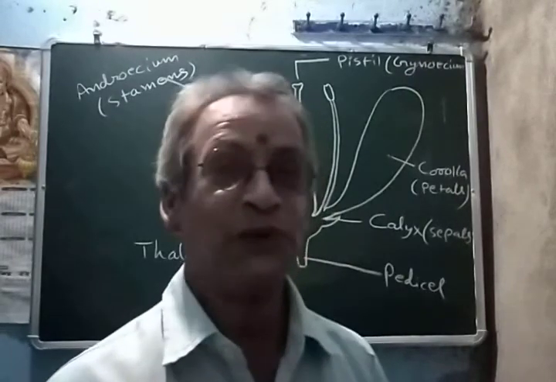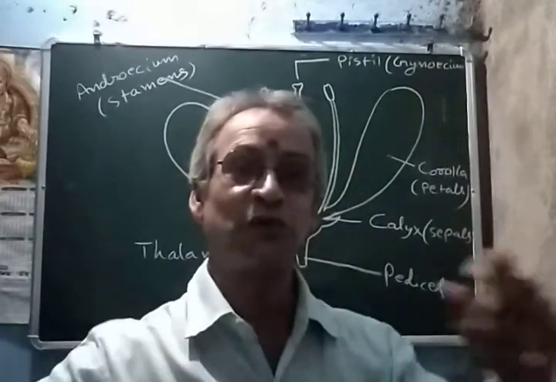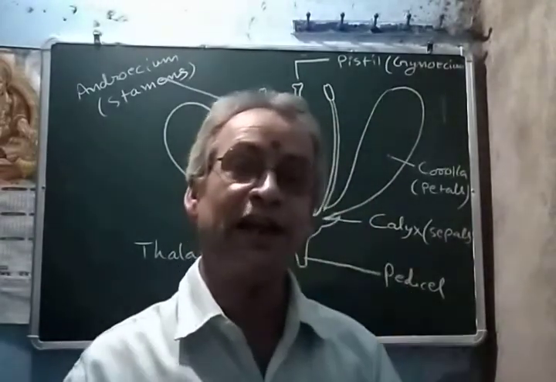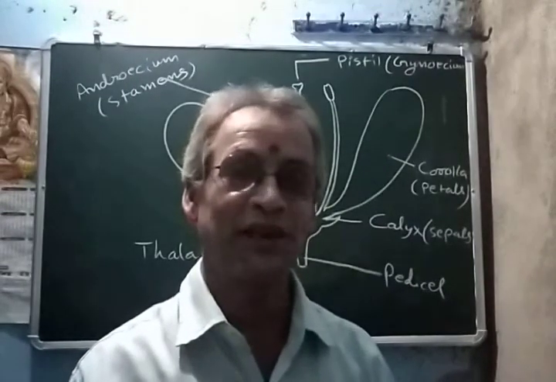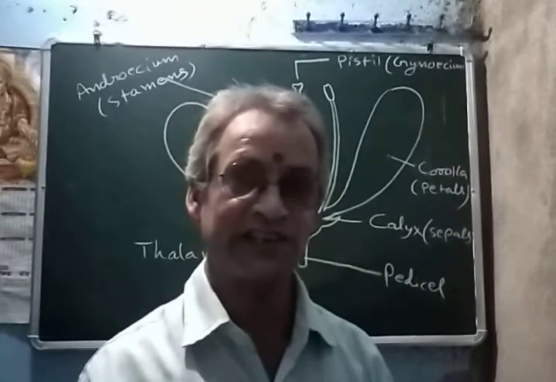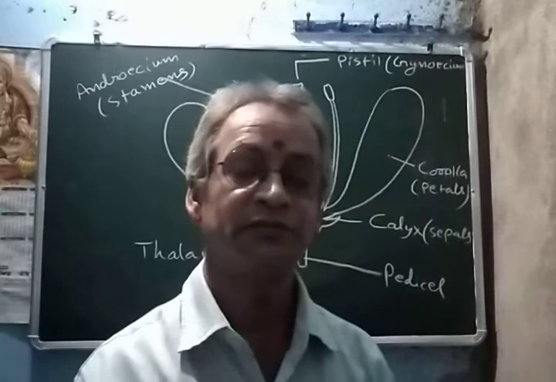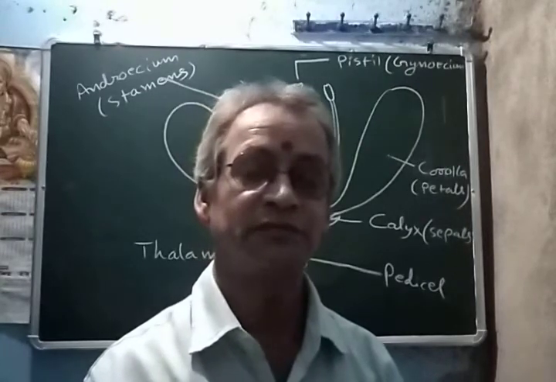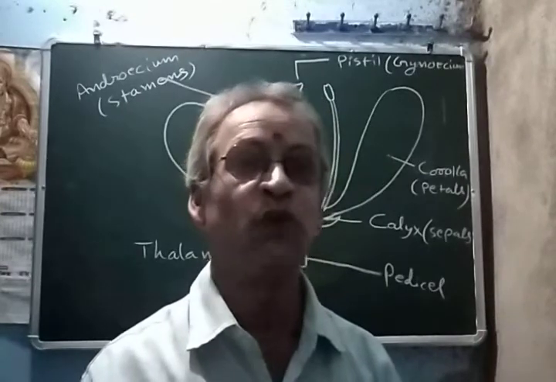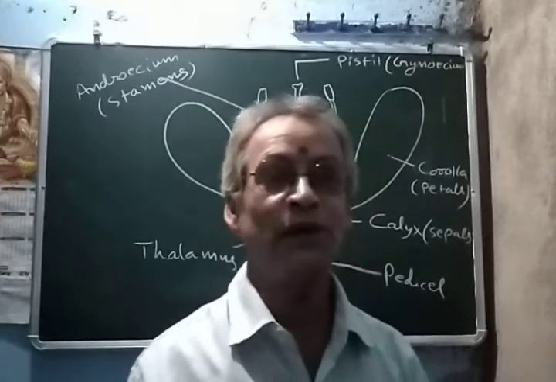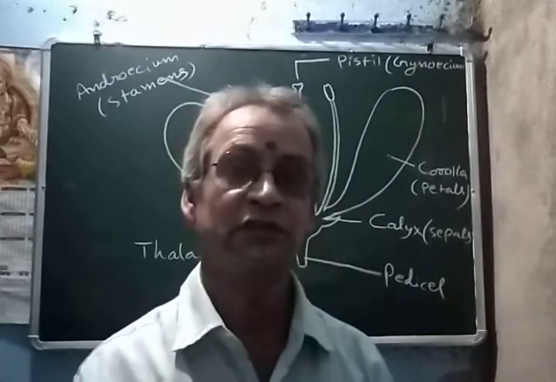And we know about sexual reproduction. In sexual reproduction, male and female combine together, male gamete and female gamete, to form a new individual, or to form seed or fruit.